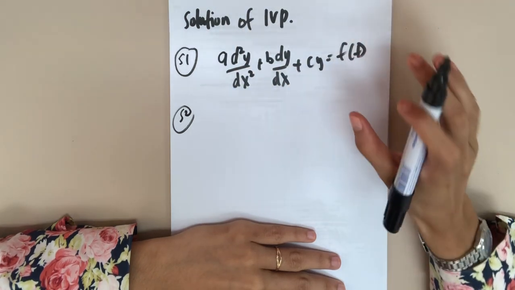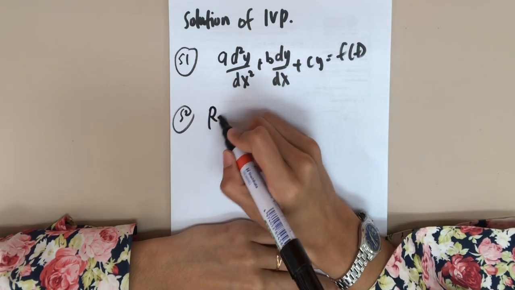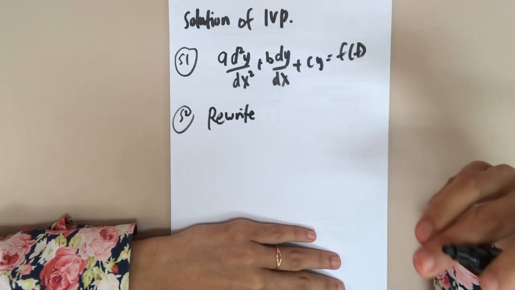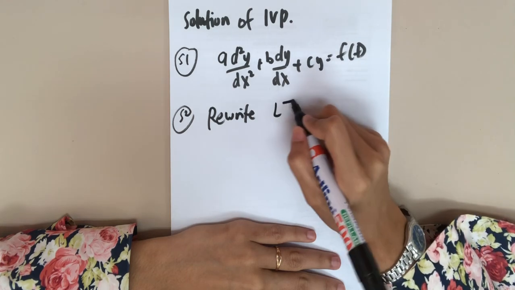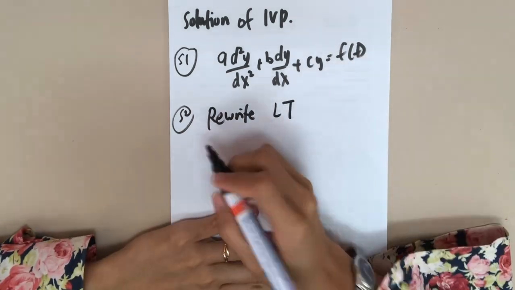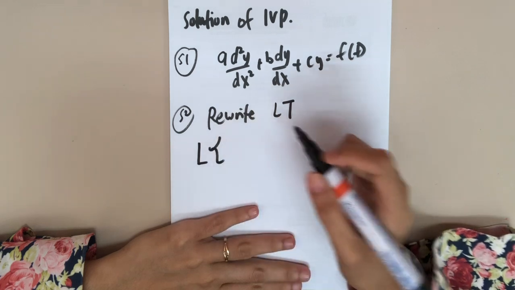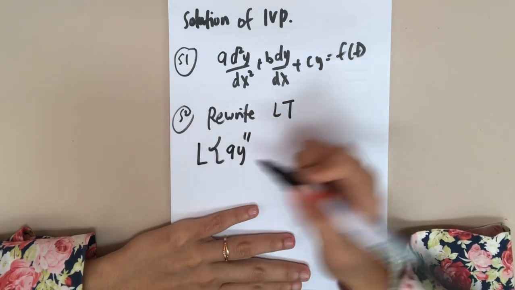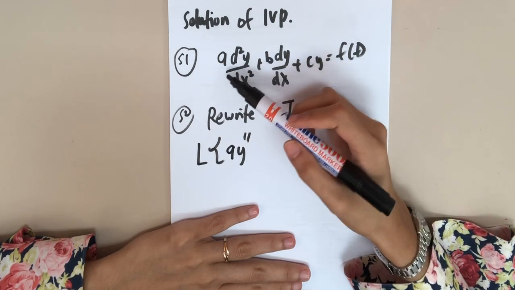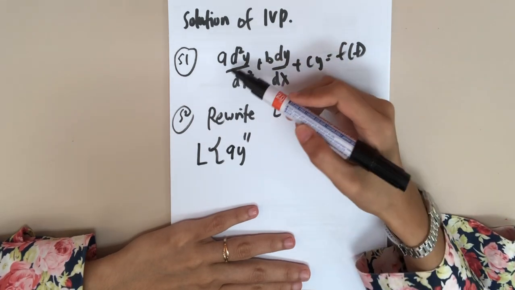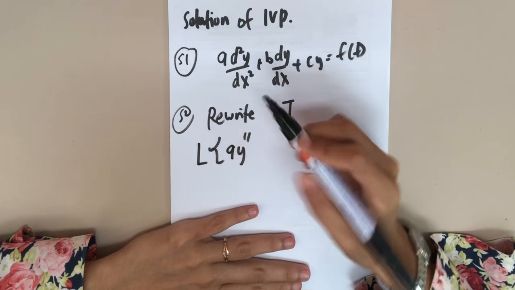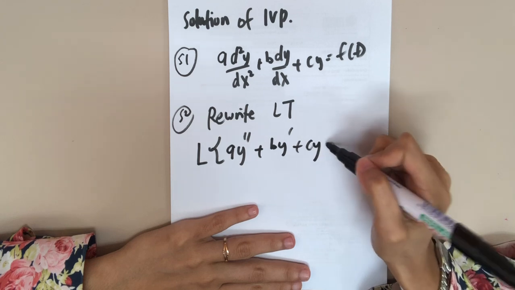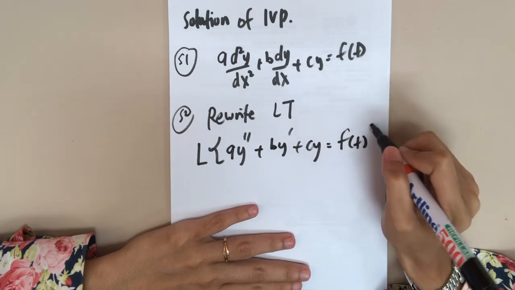Step number 2, after that, you need to rewrite this equation in terms of Laplace transform. So it will be something like this: Laplace transform, and inside we have y double prime plus b y prime plus cy equal to f(t), and then close the bracket.